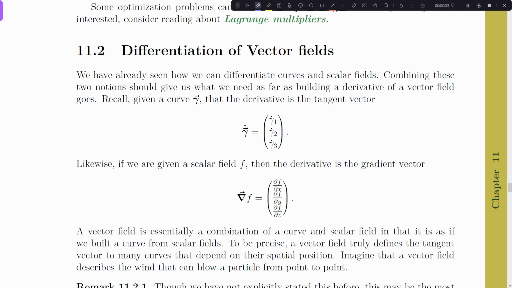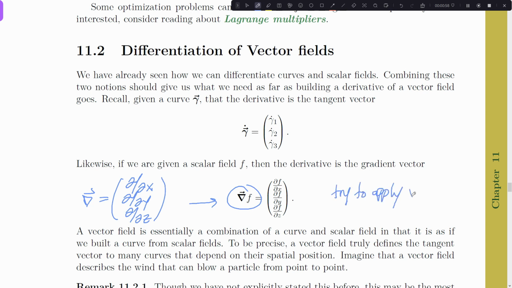We can take gradients of scalar fields, with the gradient being precisely partial x, partial y, partial z. And now we're going to try to apply the gradient as a vector to V, which is itself a vector field of x, y, and z.